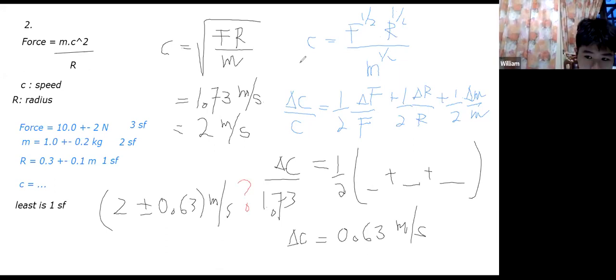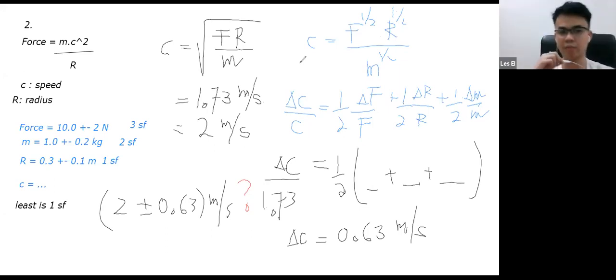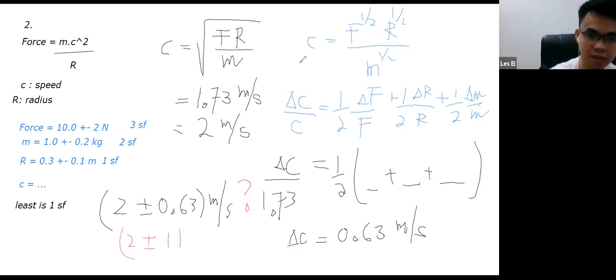No. You have decided it to be 1 SF, and because you decided to be 1 SF, you have no decimal place. So your answer would be 2 plus minus 1 meter per second. Any question?